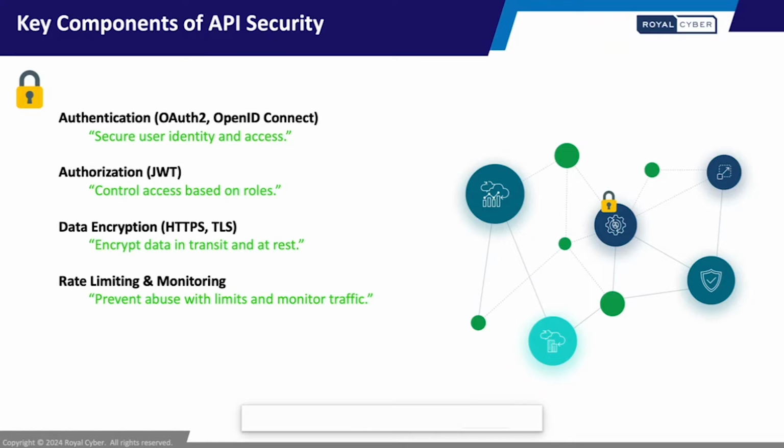And then there is rate limiting and monitoring. Rate limiting prevents misuse by capping the number of requests a user can make within a time frame to call that API. Monitoring helps you detect anomalies or potential security threats in real time.